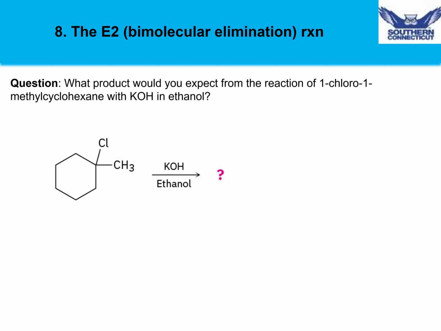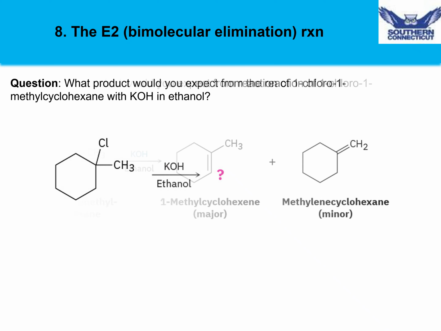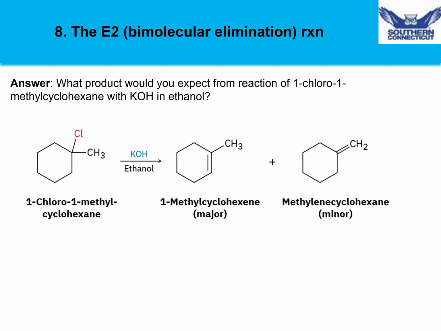In this question, we want to predict the product that would be obtained by taking this alkyl halide and mixing it with a base such as potassium hydroxide. In order to predict the product from this reaction, we want to focus on the carbon that has the leaving group.